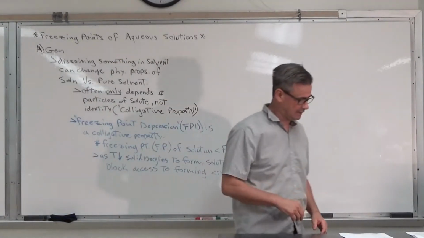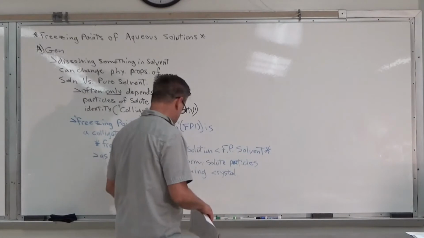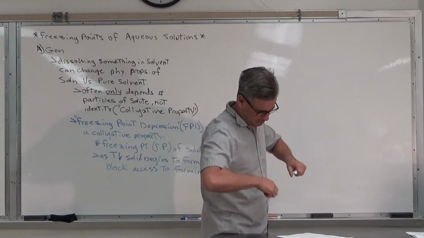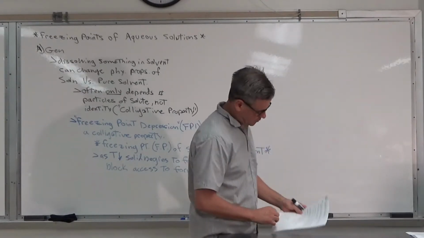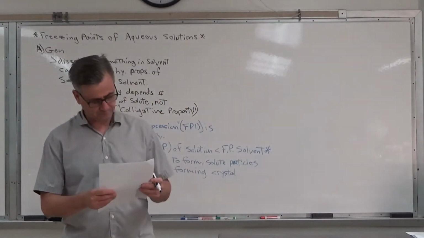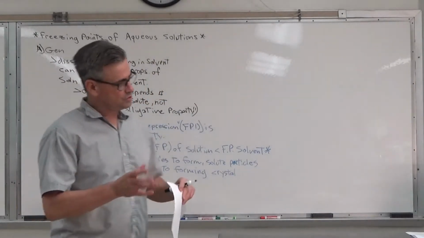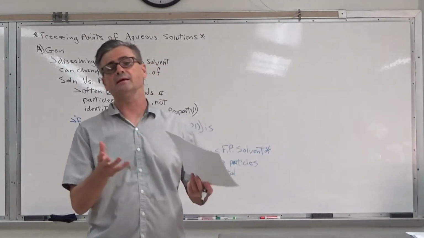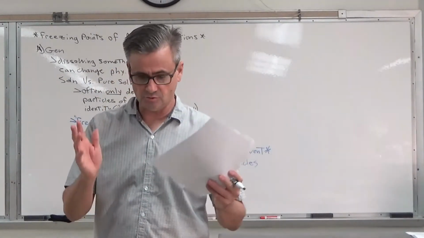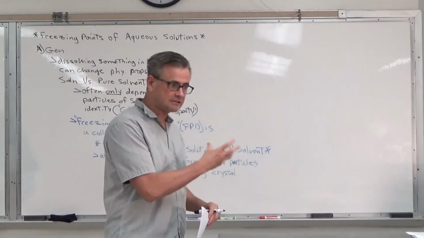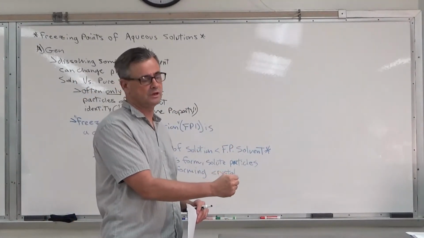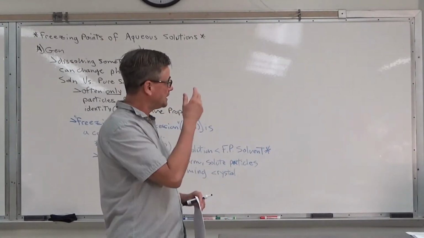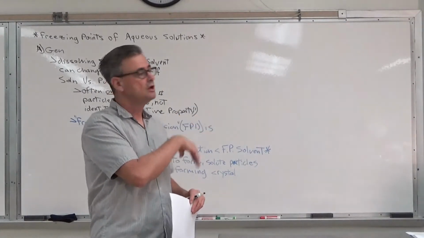So in any case, we're going to use molality instead of molarity for our freezing point depression. And we're going to deal with two things today. The equation that I'm going to put up there is going to give you the theoretical freezing point depression. You don't have to do the experiment. If you've got that constant for the solvent you're using, and you know how much of a solute you put in the solution, you can get a theoretical value for how much it'll change the freezing point.